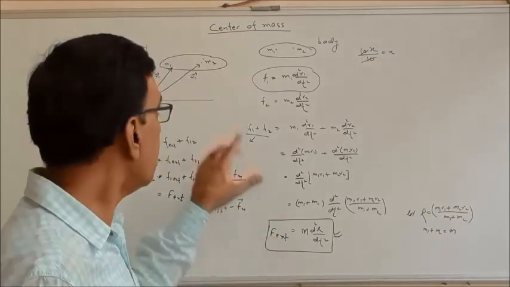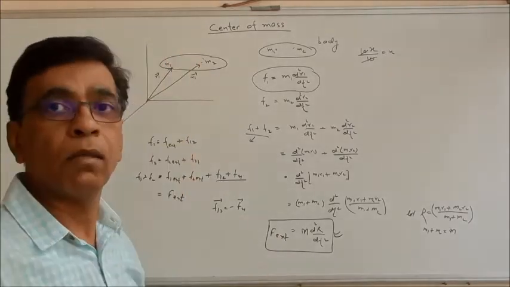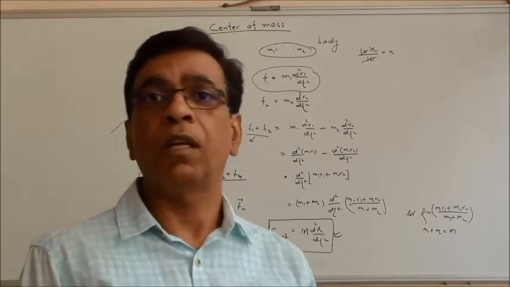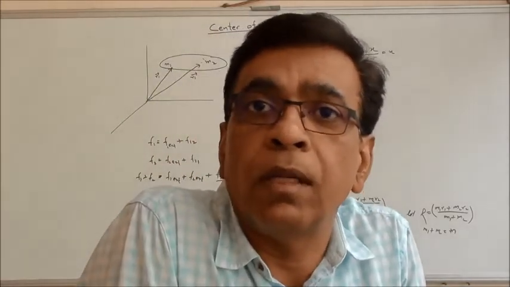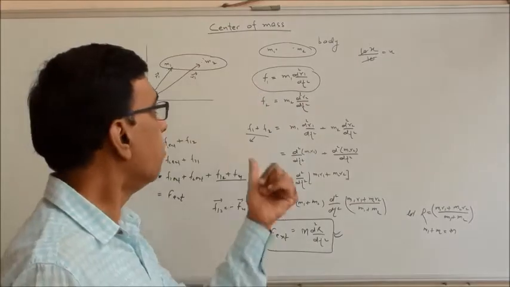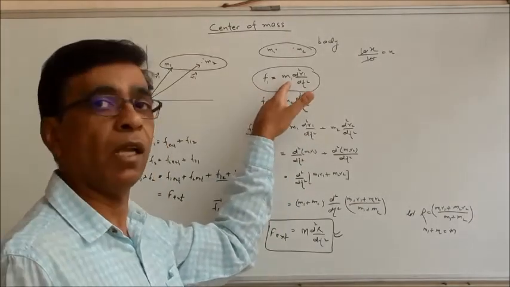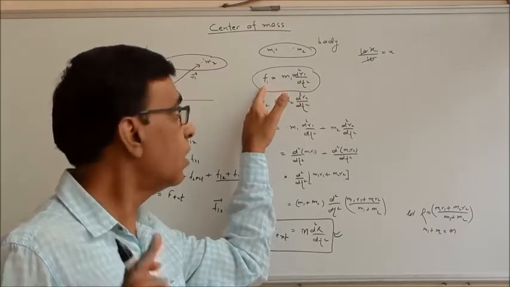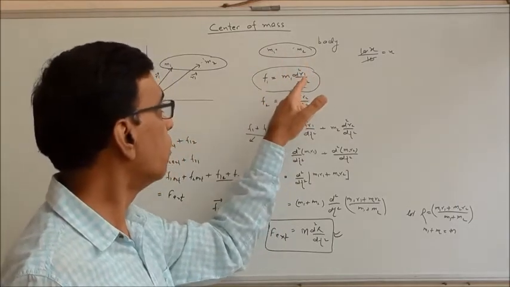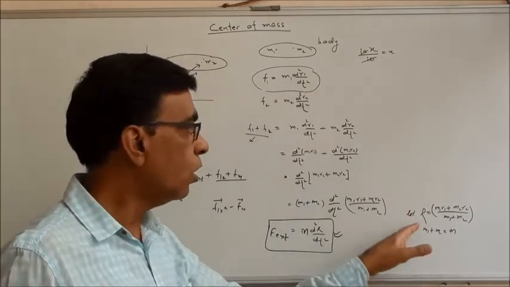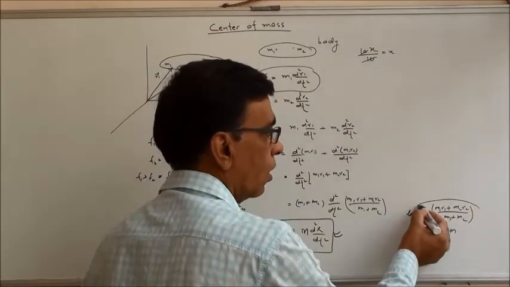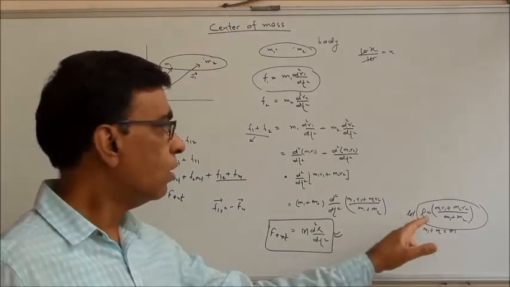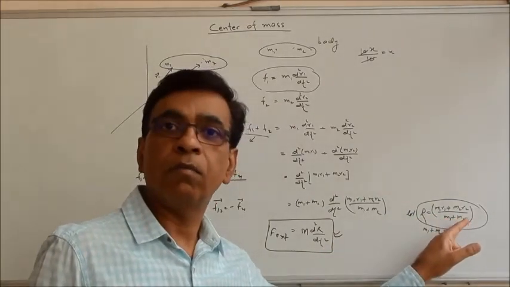force. So it means when we are taking this system which consists of m1 and m2, I can still apply the same law, F is equal to ma, provided I replace m by the total mass, F external only, not internal, not the mutual force between the two, and the acceleration of a point described by this. This is the center of mass.